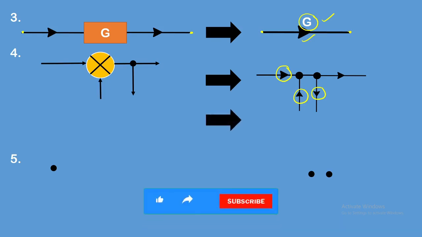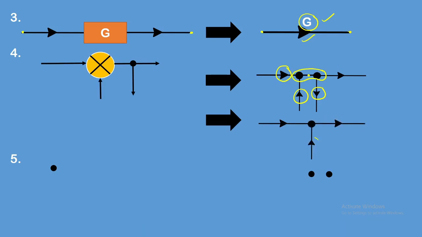Or in another fashion, you can consider these two nodes to be the same because there is no signal between them. You can consider it as one node, with one signal coming inside for the summing point and another going outside for the takeoff point. Like this you can also represent a summing point with a takeoff point.